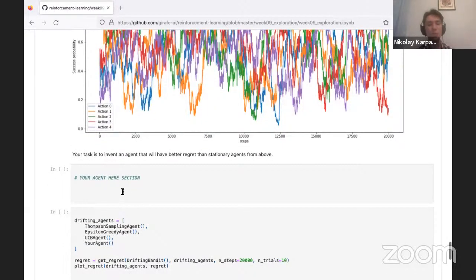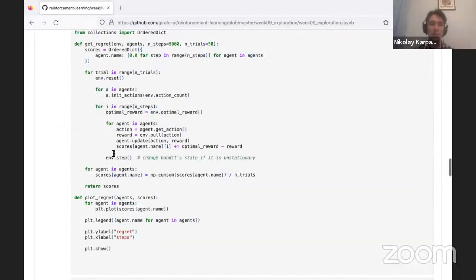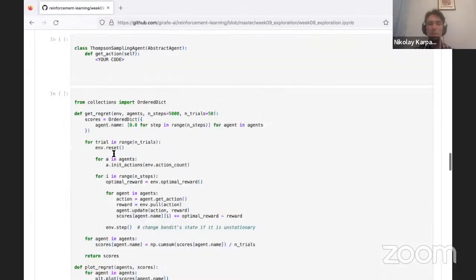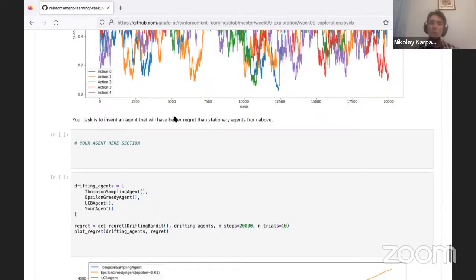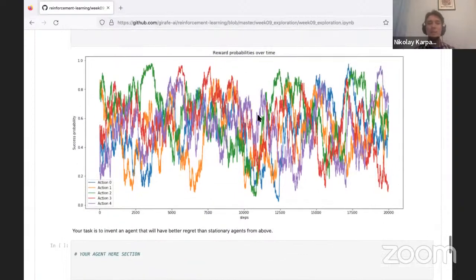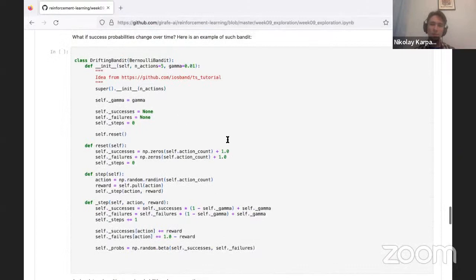And here you can do whatever you want. Basically, you can modify Thompson sampling, you can modify UCB. Just do whatever you want to perform better in this non-stationary case.